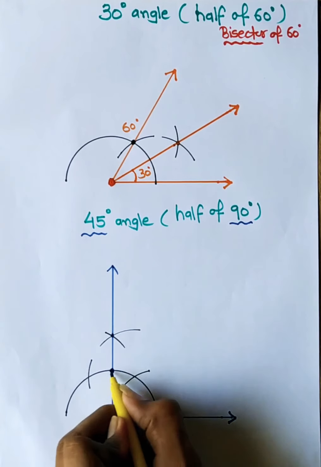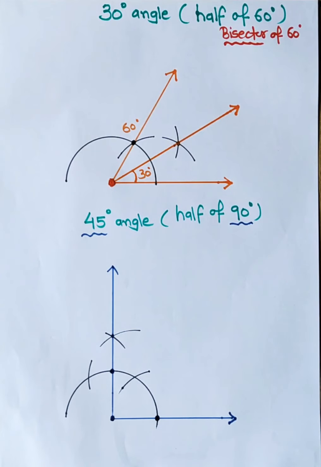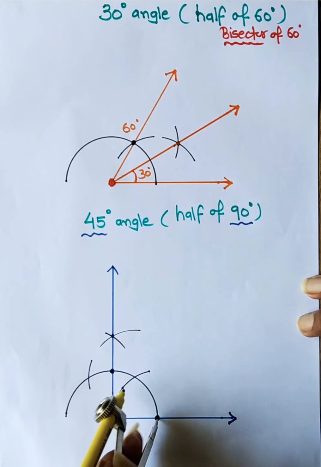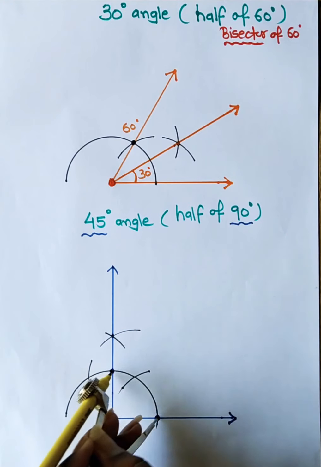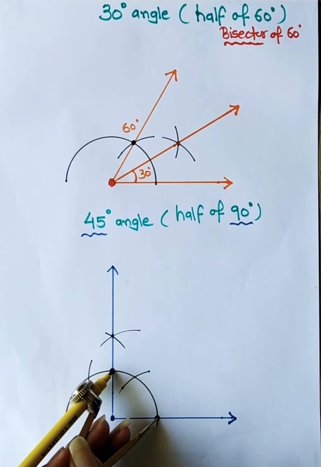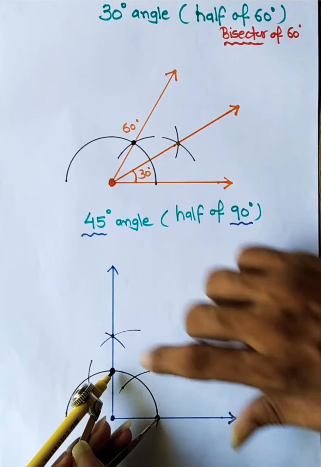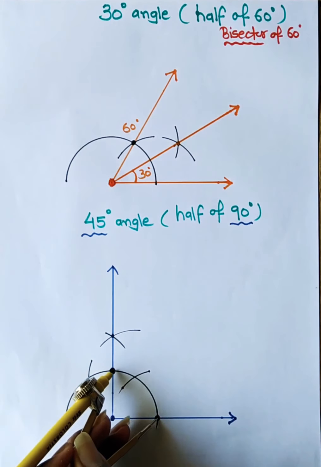Now you see the angle starts from this point and 90 is at this point. So from this to this we will take the measurement on the compass. Okay, from here to here, take care, right? From these 2 points, from 0 degree to 90 degree we took the measurement.